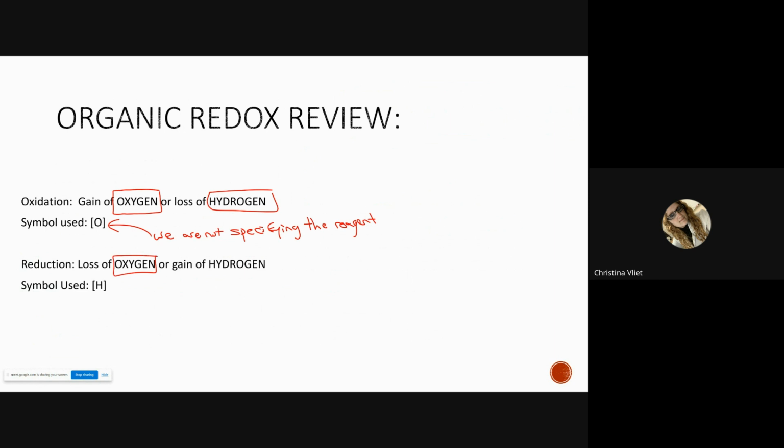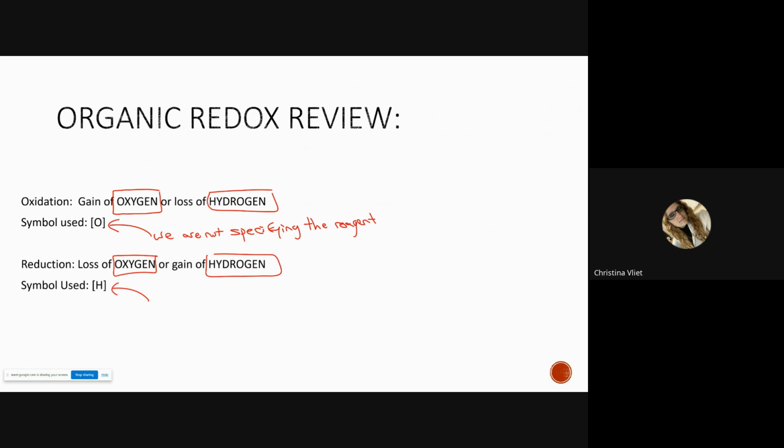Reduction, loss of oxygen. The word reduction is the opposite of oxidation. Like redox is always opposite process. So in a reduction process, your organic molecule loses oxygen atoms or gains hydrogen atoms. The opposite again. And the symbol we use for reduction is H, hydrogen.